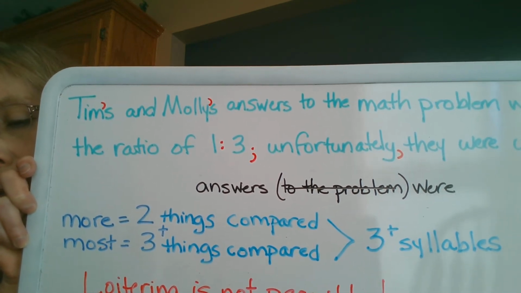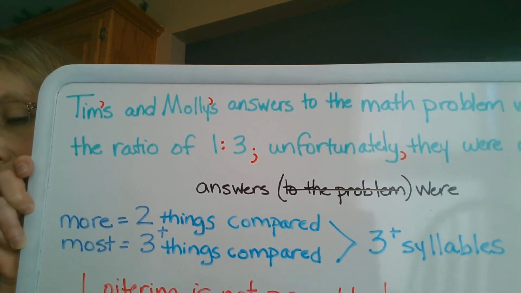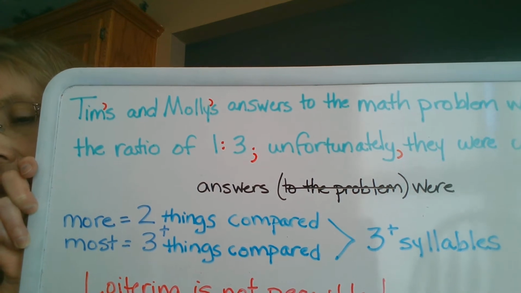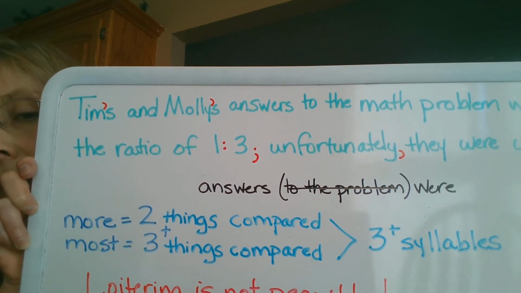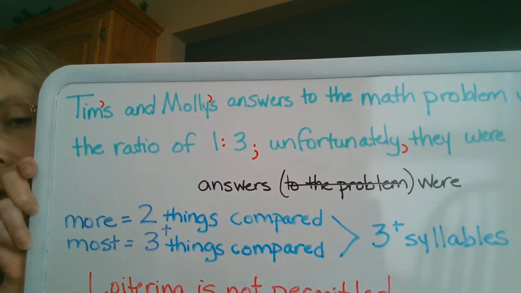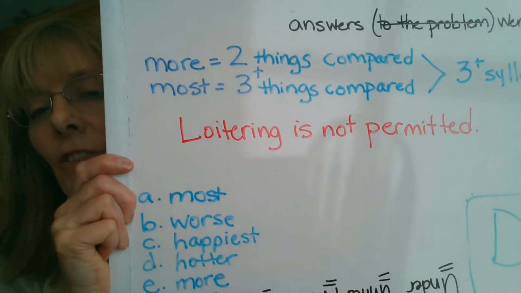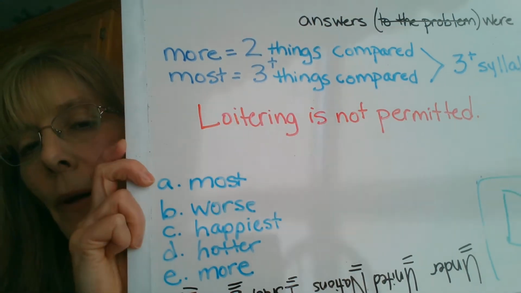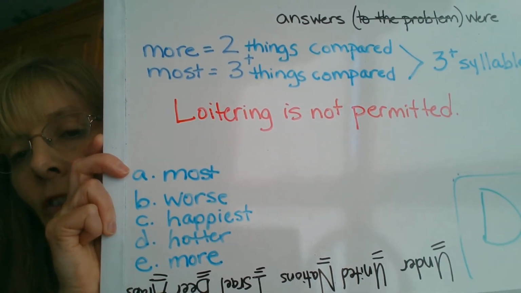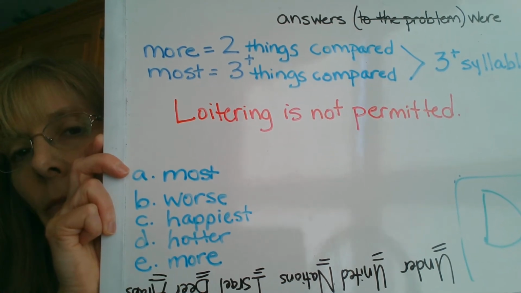Er is when it's 2. Your younger brother seems more serious than your older one or most serious. Okay, how many brothers are being compared? 2. So what are you going to use? More. All right. I snuck the answers down here so you wouldn't see them, but you can double check and make sure that your answers match these answers.